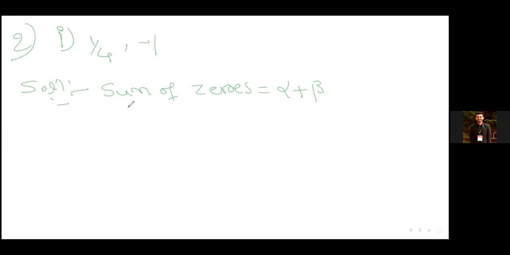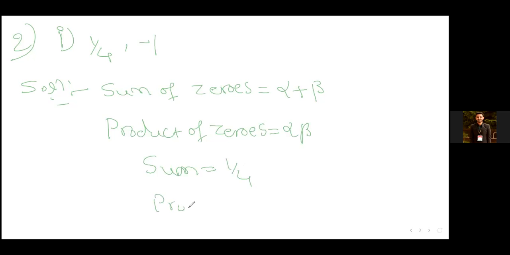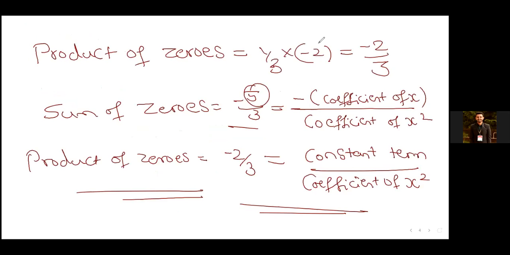Sum of zeros, that is alpha plus beta, and product of zeros, that is alpha into beta. The sum and product are given, not alpha plus beta. Okay, the sum is 1 upon 4 and product is minus 1. It's very simple.